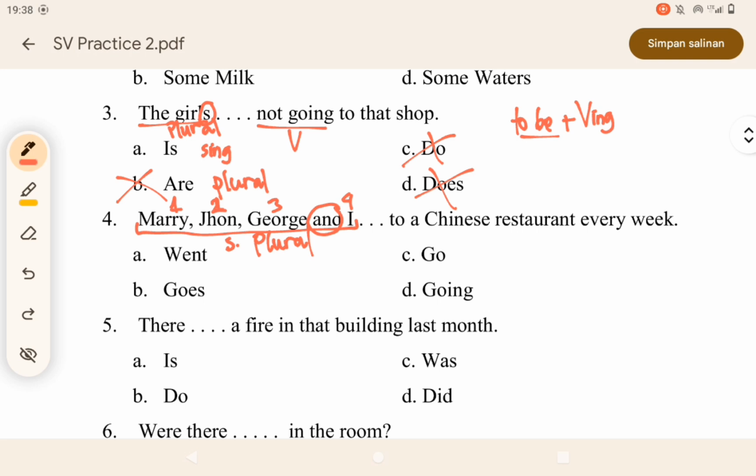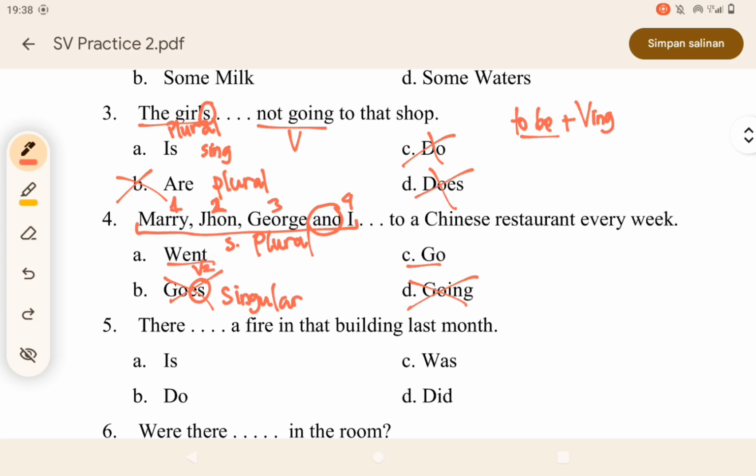All right, we can see here going is not suitable because going comes up without any be or to be, any auxiliary. And then goes with es, it is a singular verb. So it's wrong. And then the problem is went and go. Went is the past form of go.